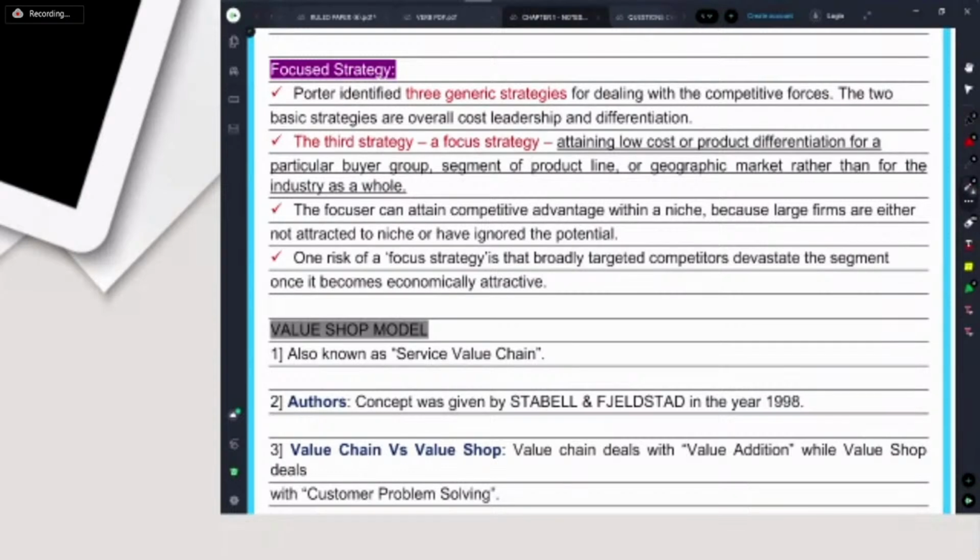Please read out all the content very carefully, beta, because the next case study we are solving requires the application part.